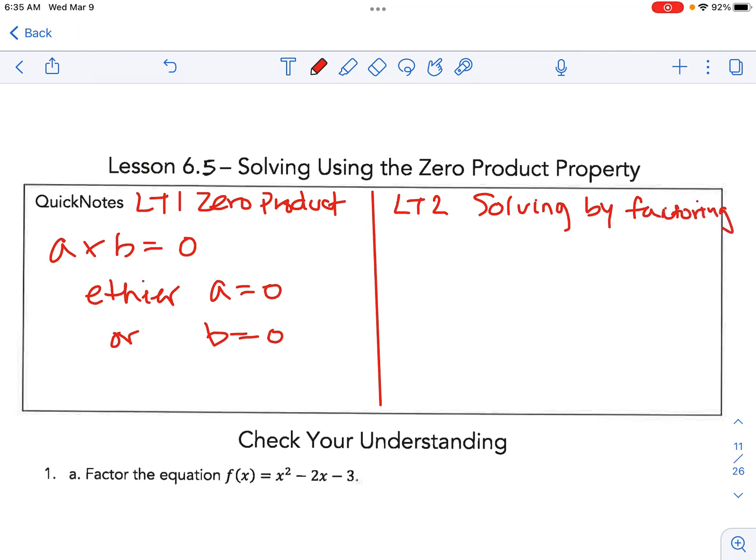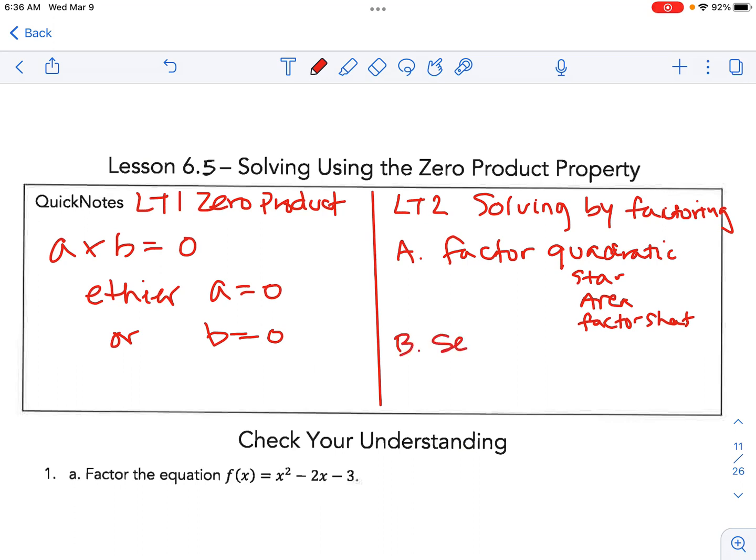We're going to do some sort of method to factor the quadratic, whether it's a star or maybe you're using the area method backwards, or maybe you're using just your factor sheet. All those methods we did in sections 3 and 4.